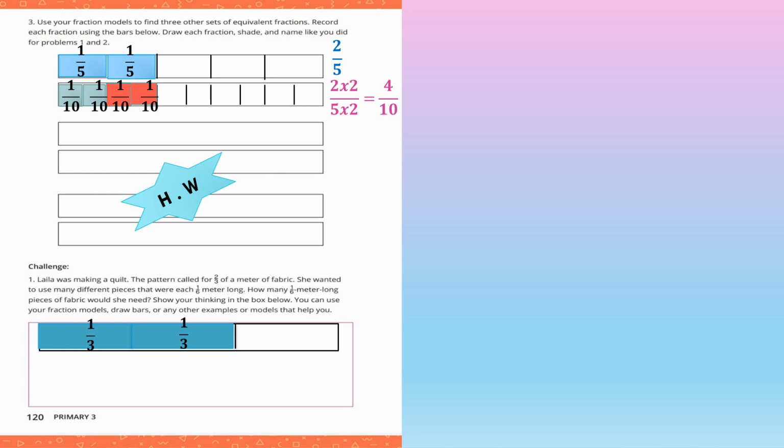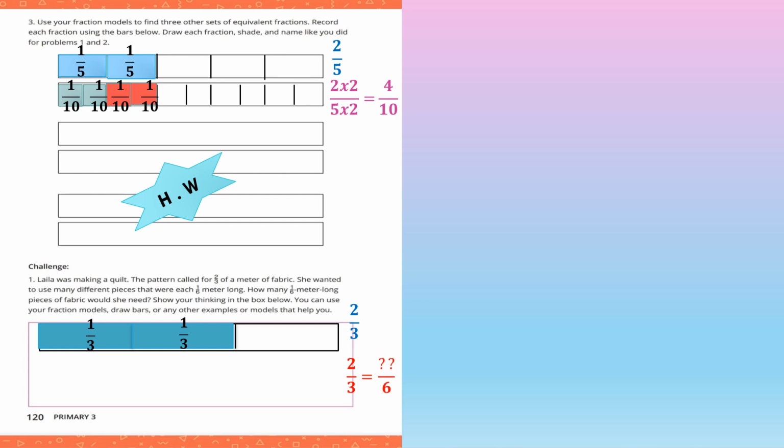Okay, I want to know how many sixths are in 2/3, or 2/3 equals what over 6? Here the denominator is 3 and became 6. So 3 times what equals 6? 3 times 2.